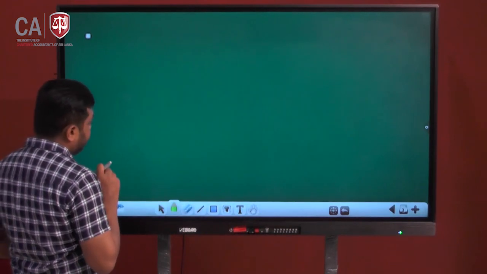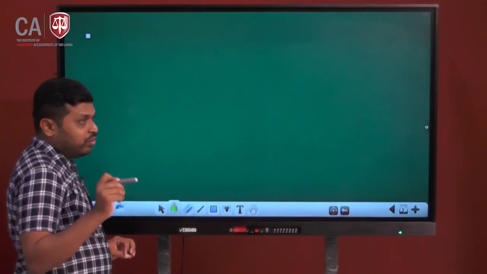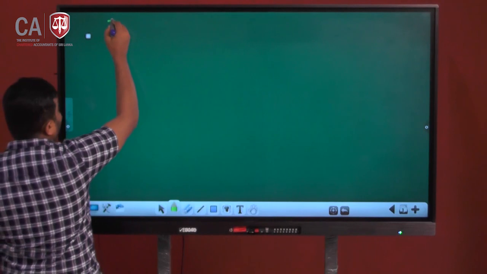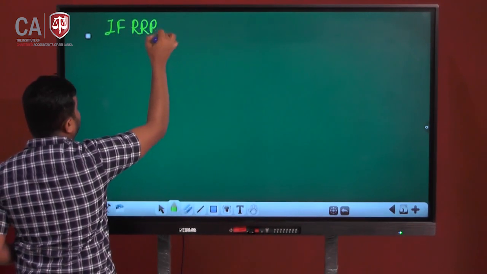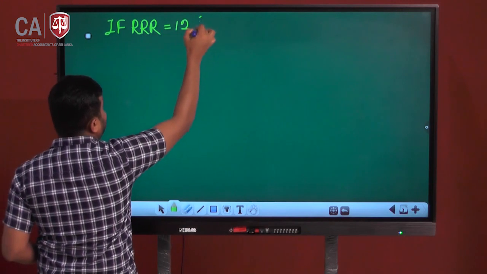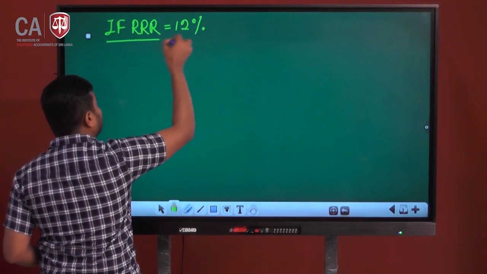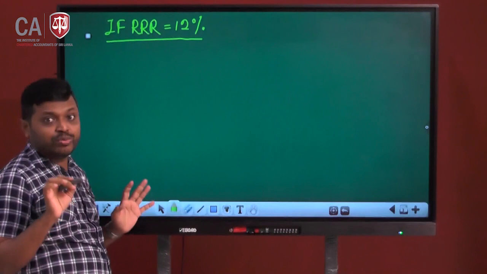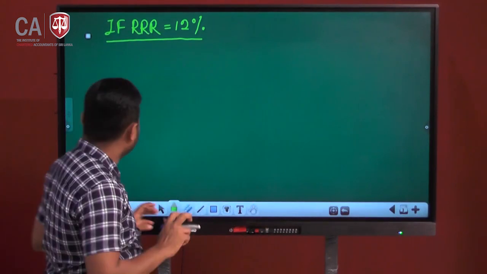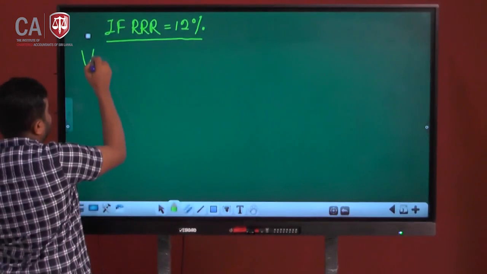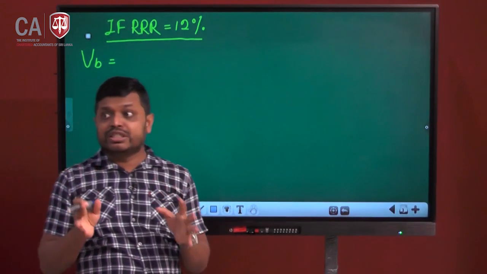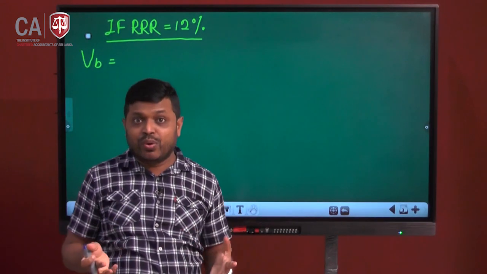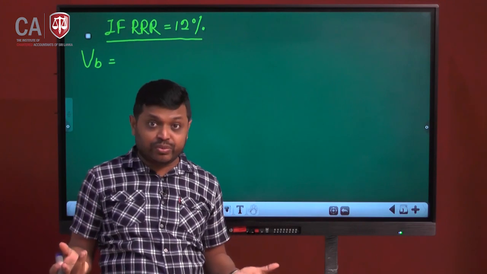Now, assume the required rate of return equals 12%. The remaining period to maturity is only 2 years. Therefore, we will calculate the value of the bond. If you decide to hold this bond, what is the value?